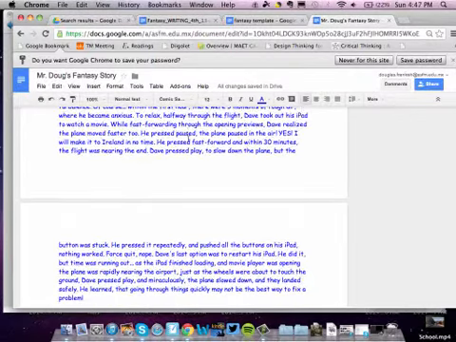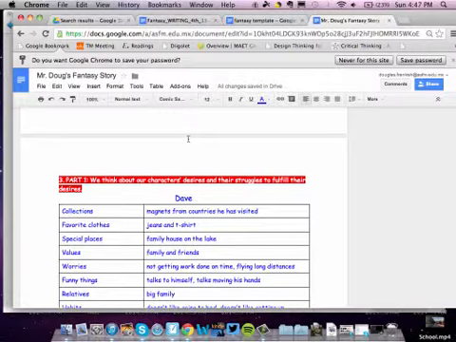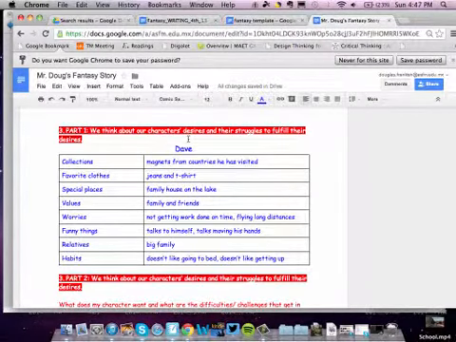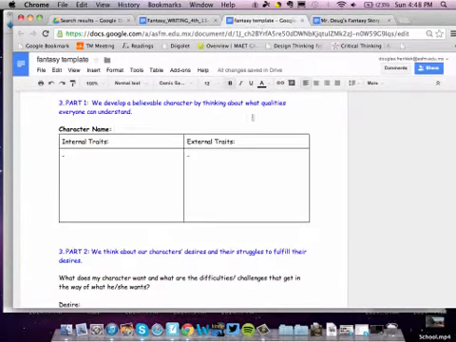So this is what you're going to work on today. You're going to be thinking, number one, about your character and developing your character, and you can use these attributes or these different ideas if you want to. I know that your template looks a little different, so if you want to highlight this and then press Command C, it'll copy it, because right now in yours, your template looks like this.